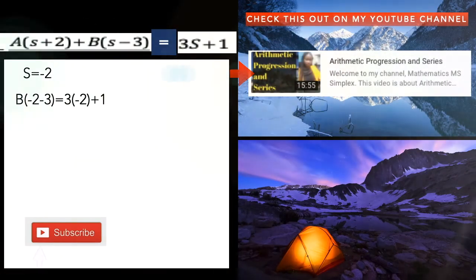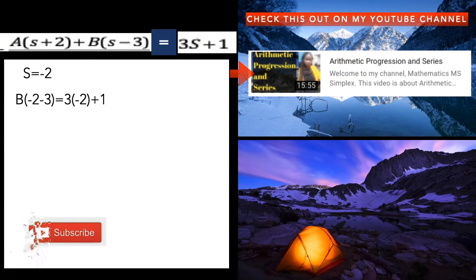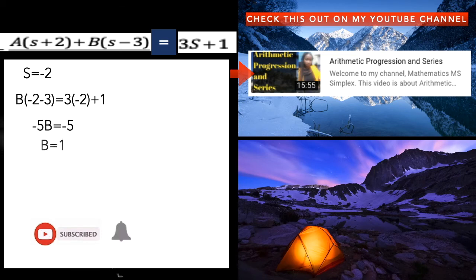Simplifying this, minus 2 minus 3, you add two negative numbers, so we'll have negative 5, and 3 times minus 2 is minus 6 plus 1, that's negative 5. Then you divide both sides by negative 5, so b is equal to 1.